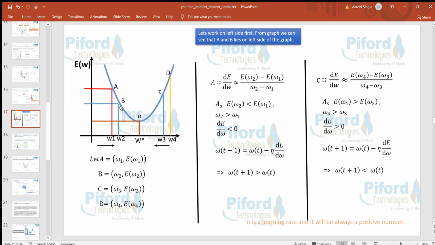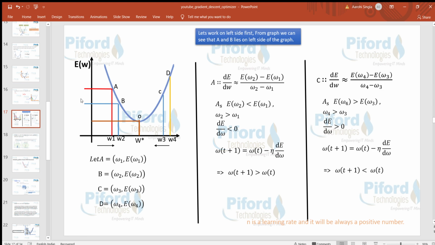In this case, I have taken 2 points on the left of the optimal point and 2 points on the right of the optimal point. So now we have 4 points. I'll explain, if the initial value is at A, what are the coordinates associated with A? When the initial value of weight is A, we have weight W1 and let's call the error at W1.